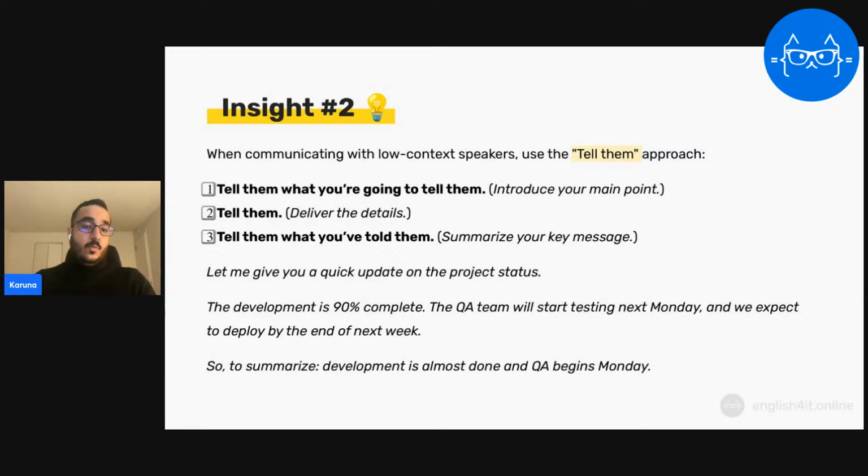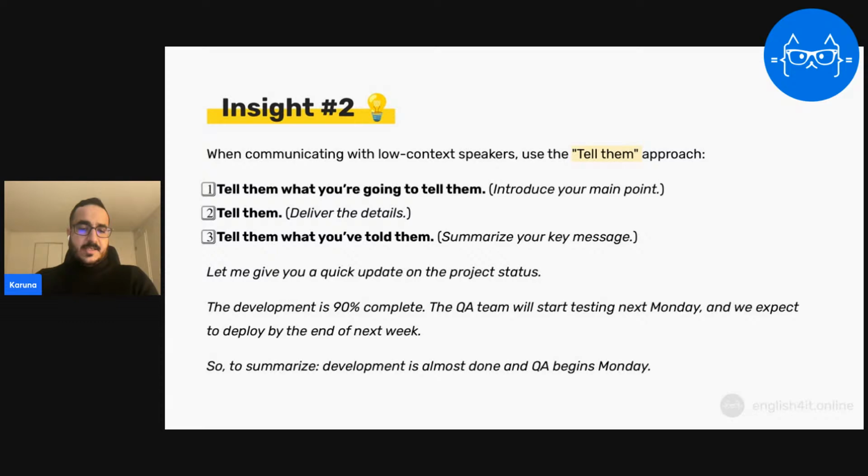On the other hand, working with low context speakers, it's really more about just stating facts and recapping, and is a lot more straightforward. You introduce your main point, you tell them what it's about, and then you summarize. A good example in the slides here. Let me give you a quick update on the status of the project. Development is 90% complete.